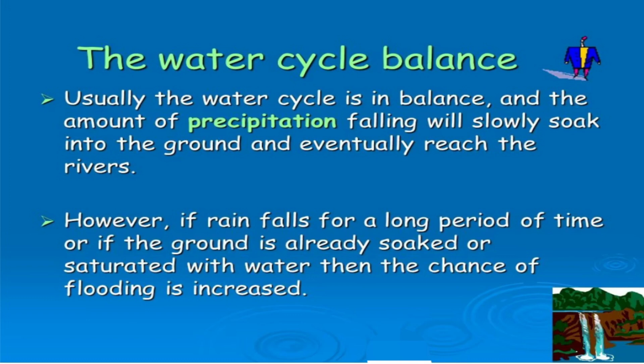So, usually the water cycle is in balance, and the amount of precipitation falling will slowly soak into the ground and eventually reach the rivers. However, if rain falls for a long period of time, or if the ground is already saturated with water, then the chance of flooding is increased.